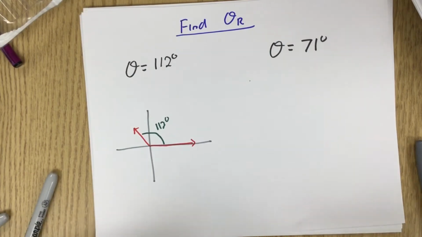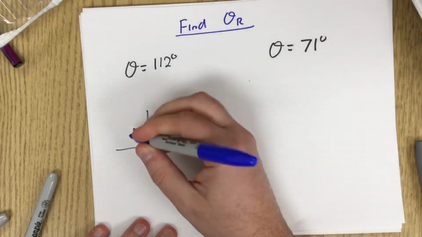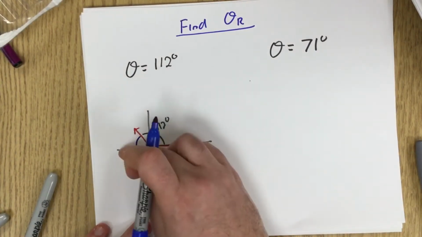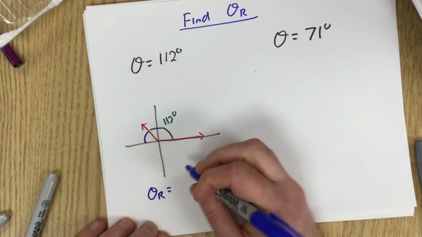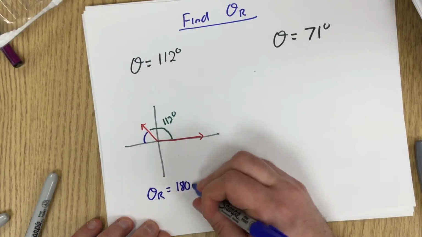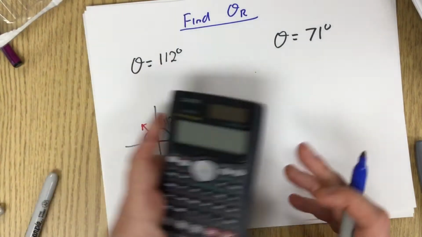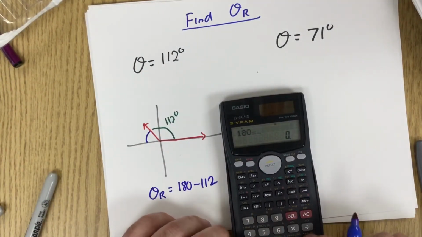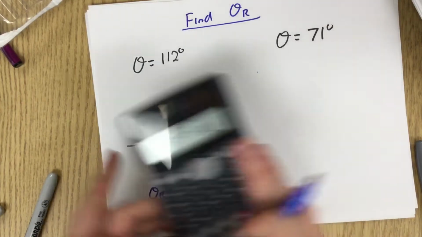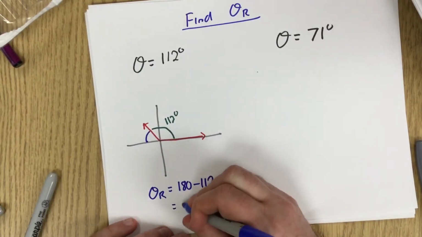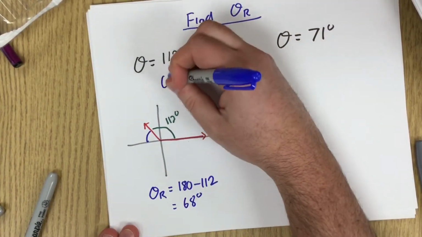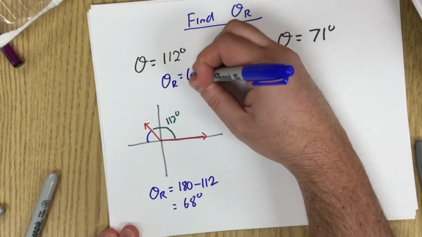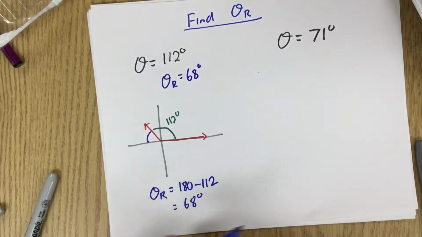So how am I going to find this angle over here? Well, the whole thing is 180, that's 112. So my related acute angle is going to be 180 minus 112. 180 minus 112 is 68. So if an angle is 112, then the related acute angle is 68 degrees.